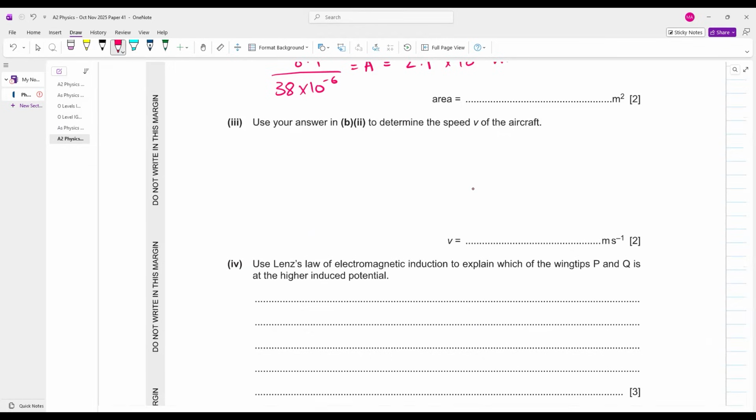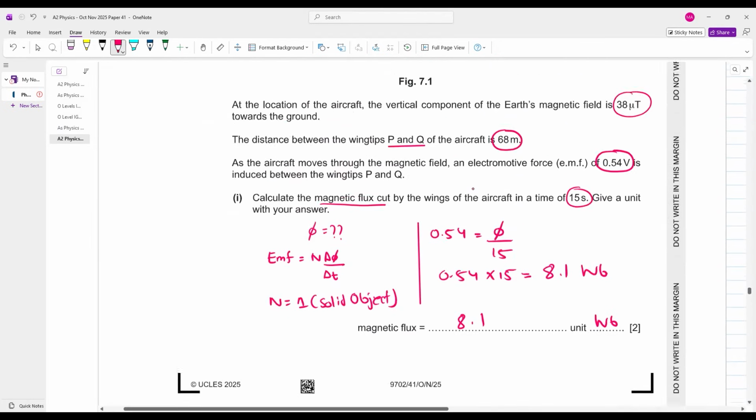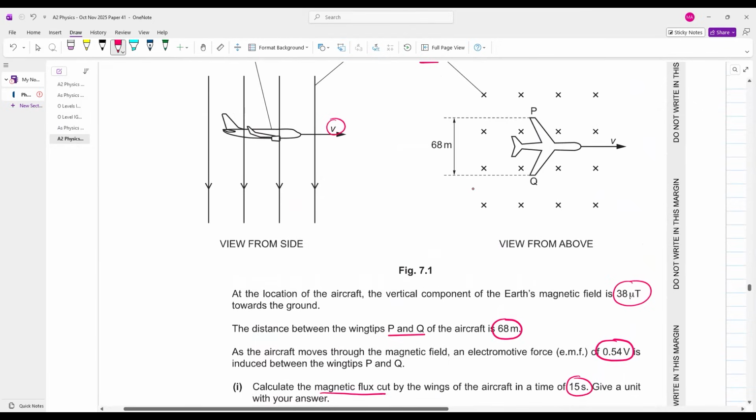Use your answer in part 2 to determine the speed of the aircraft. The area cut by the plane is equal to this box. How do we calculate the area of this box? Very easy.